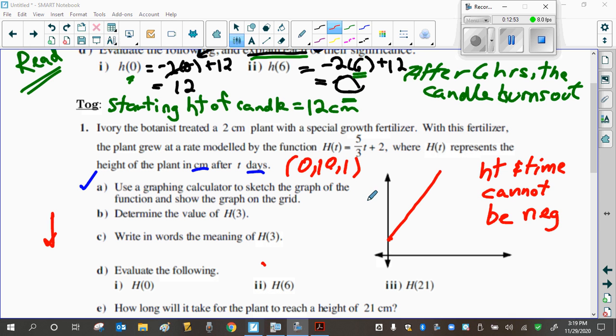Okay, so go ahead and add what I added in red, the window, 0, 10, 1. You don't need to write it 2 times. So 0, 10, 1 is the window because height and time cannot be negative.